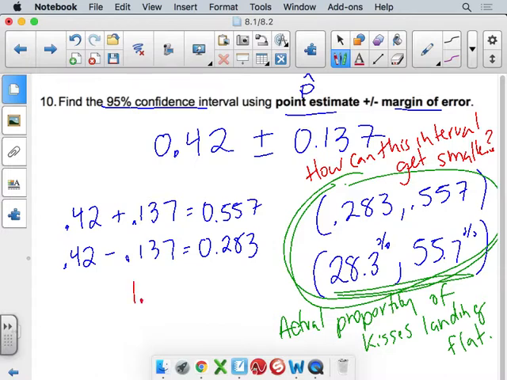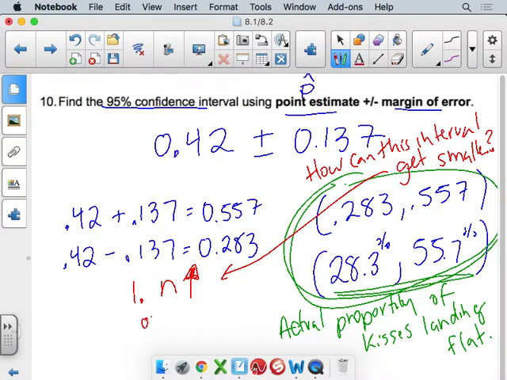Number one, your sample size needs to do what? If I want my interval to get smaller, does the sample size go up or down? Hopefully you're saying that it needs to go up. If I want this interval to get smaller, my sample size needs to go up.